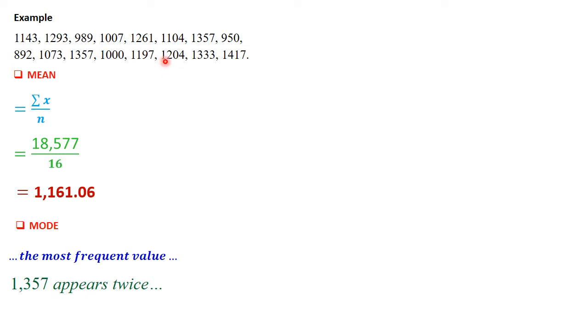If this data represents population of towns in a certain country, there are two times that 1357 appears. It is over here, and again it's over here. That qualifies to be our mode because all of the other values appear once. If one of the values appeared, say, 4 or 5 times, that would be the mode. Mode is the most frequent. In our case, it's 1,357.